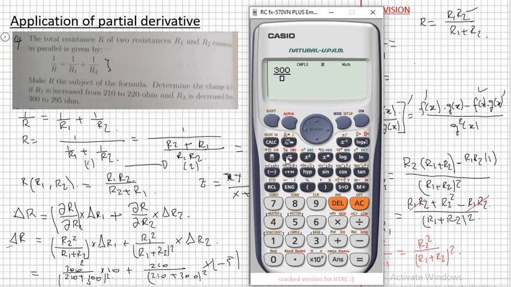So you have 300 squared divided by 210 plus 300, and everything to the power of 2, and then multiply by 10, plus, the second term, so you have 210 on top divided by 210 plus 300 squared, then multiply by -5.